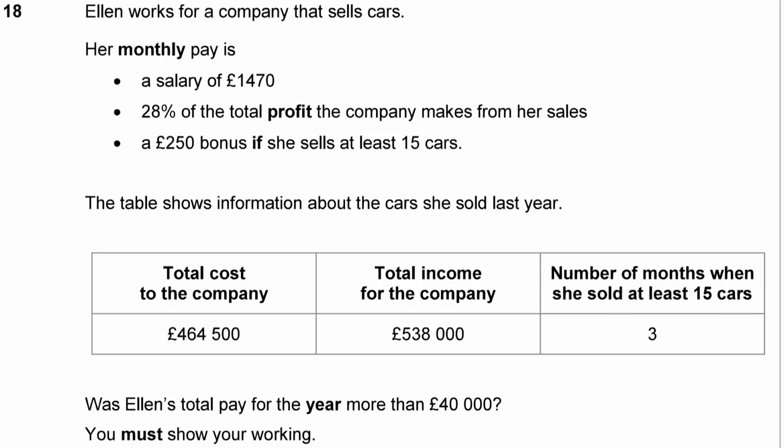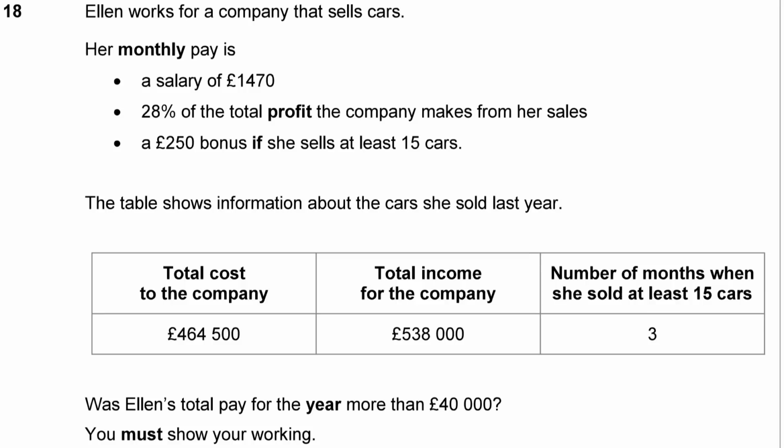Okay, so the total cost to the company was £464,500. The total income for the company was £538,000, and the number of months when she sold at least 15 cars was 3. Was Ellen's total pay for the year more than £40,000? You must show your working.